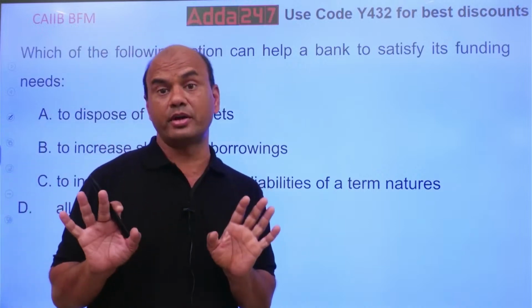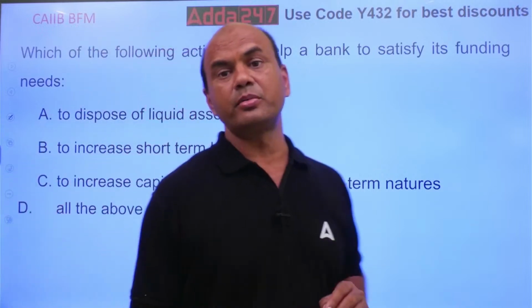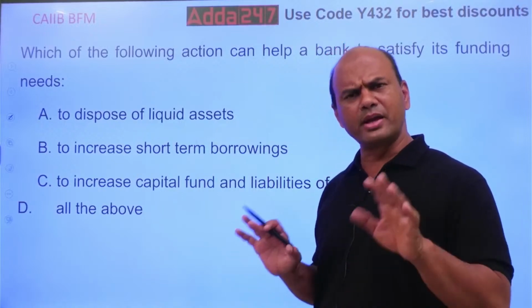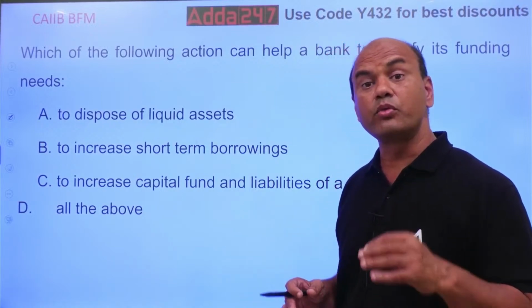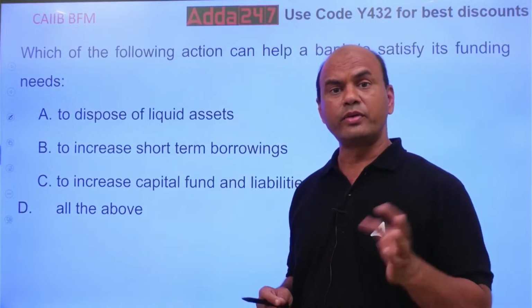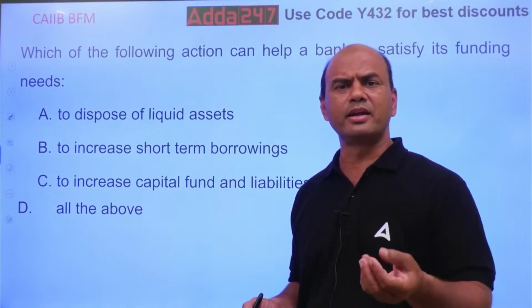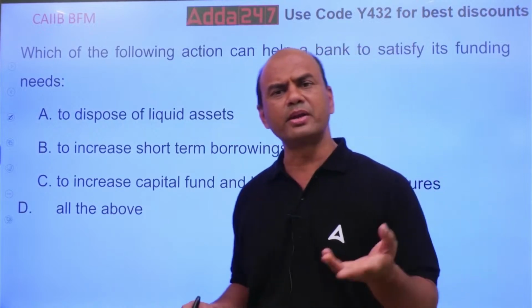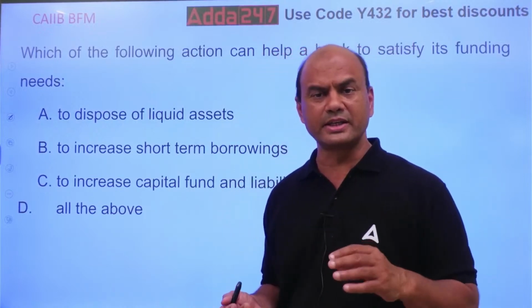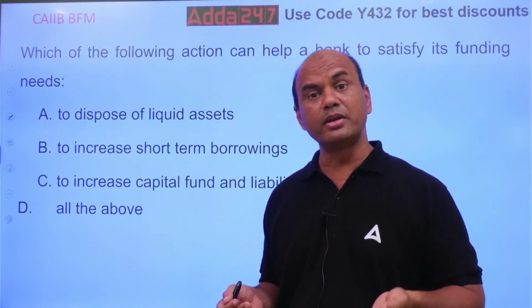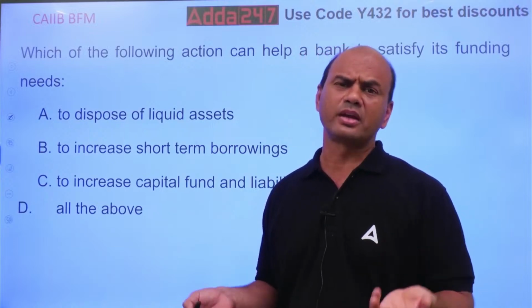Here, that is important. Understand one important point. Funding risk doesn't mean I'm not getting money. I'm getting money. But at what rate? If I'm getting money at a normal rate of, let's say, CASA, saving account, I'm getting the rate at 3.5% as a bank. I'm talking from the bank's perspective. If I'm getting money from the customer at 3.5, it's okay.